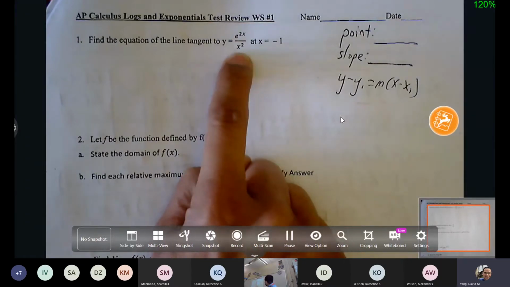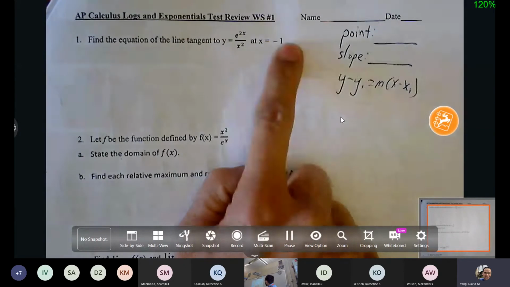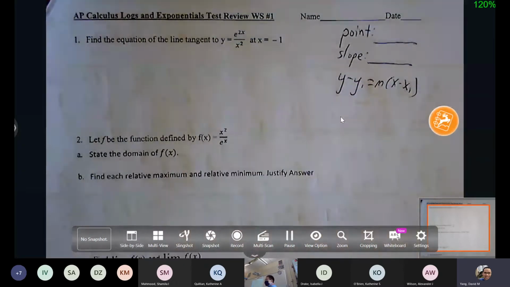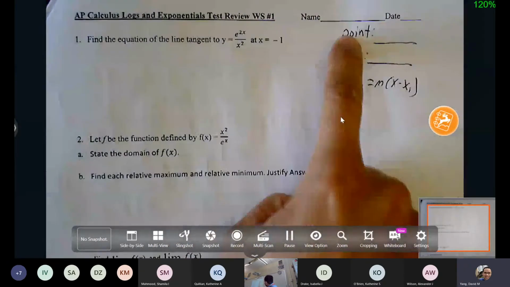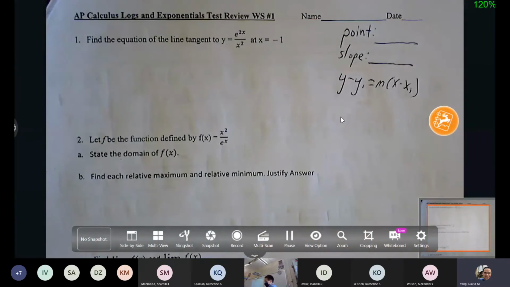And after you find the derivative, then we can find the slope by doing what? Plug it into the derivative. There you go. You've got the slope formula, and then use the x value to find the slope. Once you have your ordered pair and your numeric slope value, then point slope form. Okay, all right, try that. See how far you guys can get.